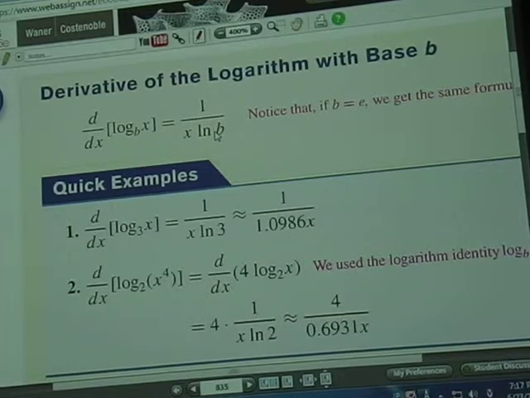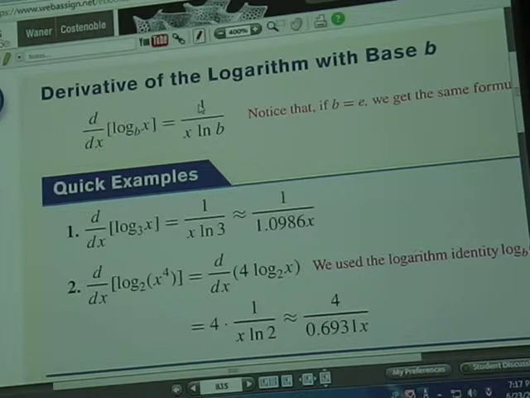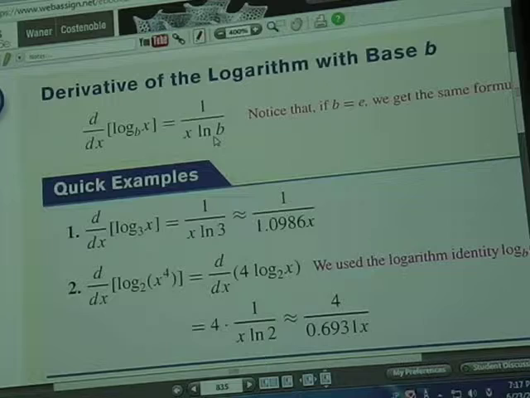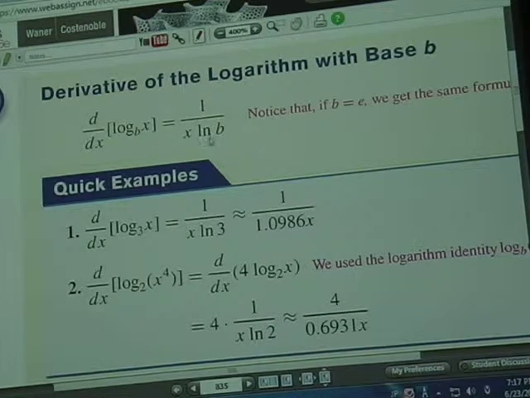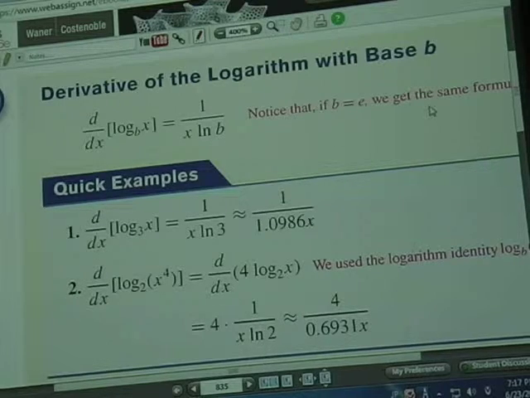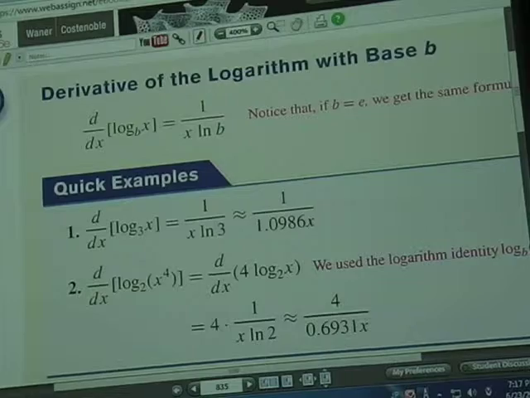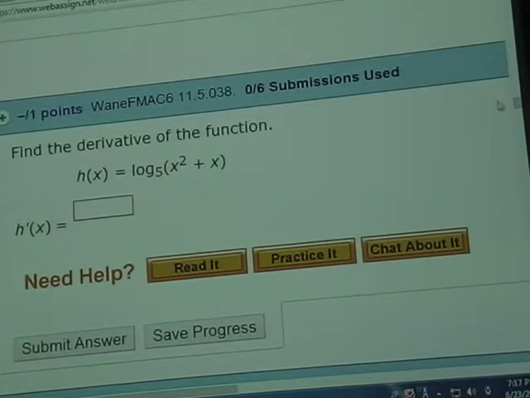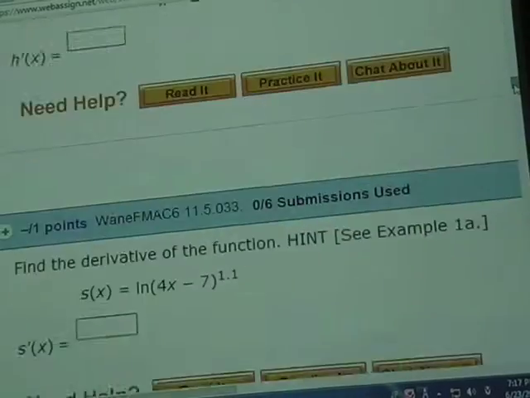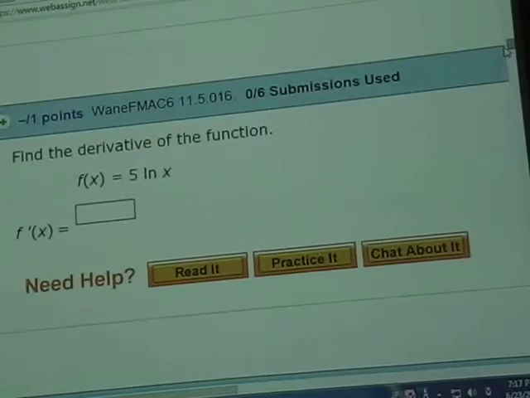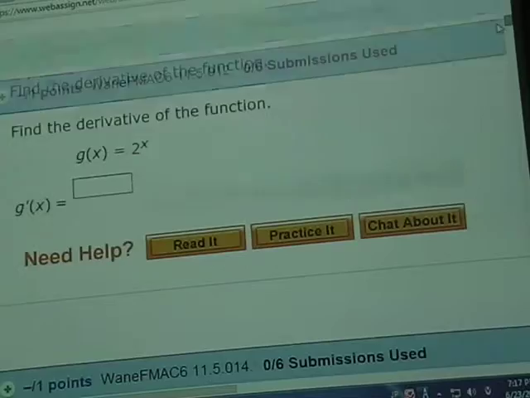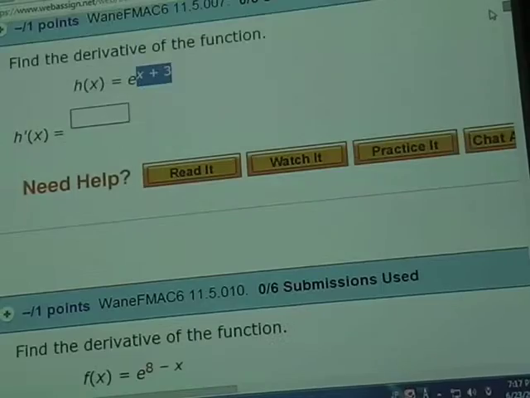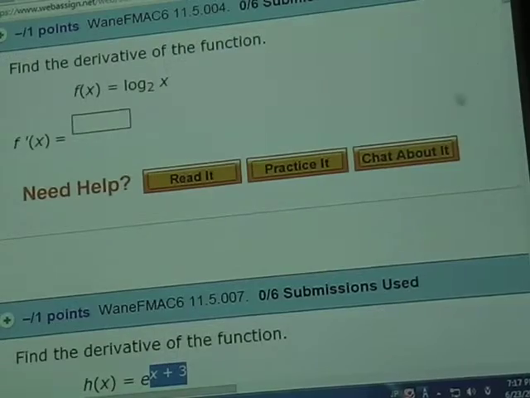So let's try and remember this. What's the rule again? 1 over x ln b. I have to somehow remember that. That's for log base b of x. So if we remember that, then let's go back to this one.